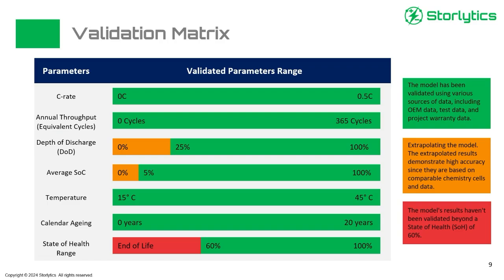So our approach is to fully disclose that along with the model validation report, but also leverage similar cells of the same cell composition, same LFP, and the same ratio of lithium iron phosphate.